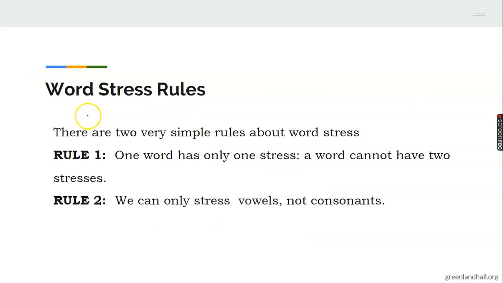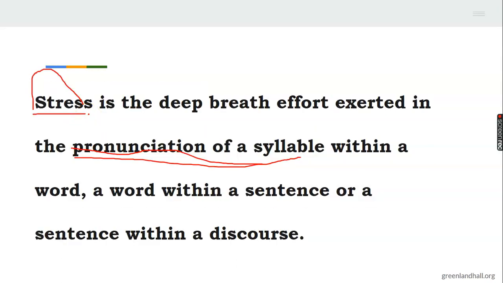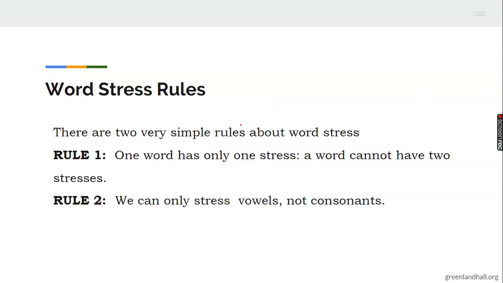When you pronounce a word that has more than one syllable, there is a stress attached to a particular syllable. So stress is the deep breath effort that you exert when pronouncing a particular syllable within a word, or a word within a sentence, or a sentence within a discourse.